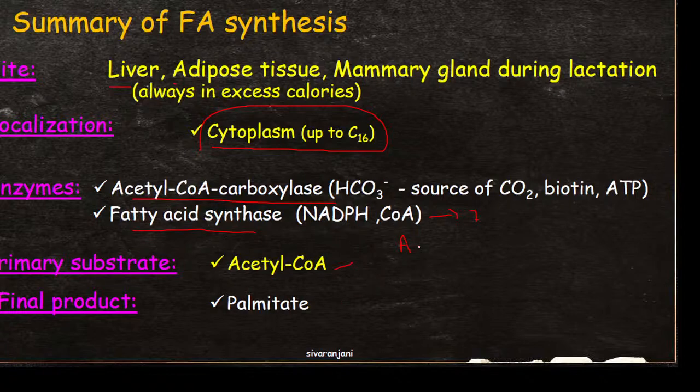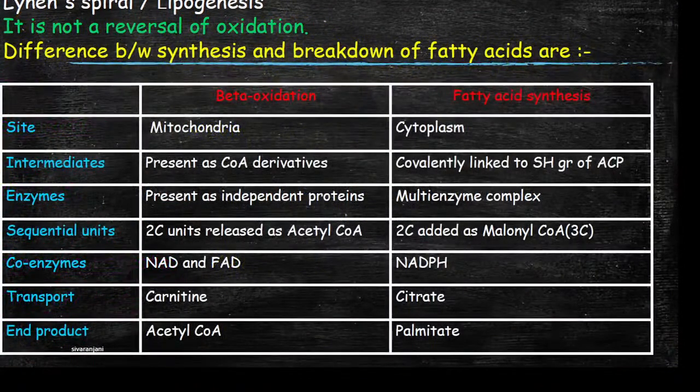So in the overall synthesis of one molecule of palmitic acid, one molecule of acetyl-CoA plus 7 molecules of malonyl-CoA contribute the carbons. The final product is palmitate, or palmitic acid. This is called Lynen's spiral, or lipogenesis, the synthesis of fatty acids.